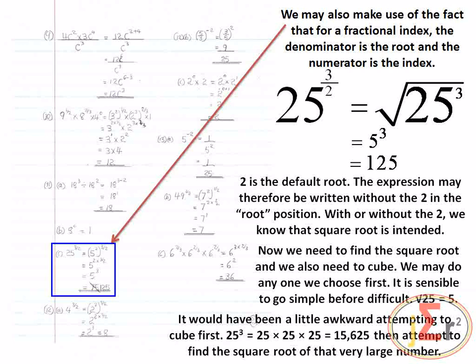So adhere to the old principle that we established in earlier tutorials that suggested to us that we go simple before we go difficult, and that is one that we should take advantage of.